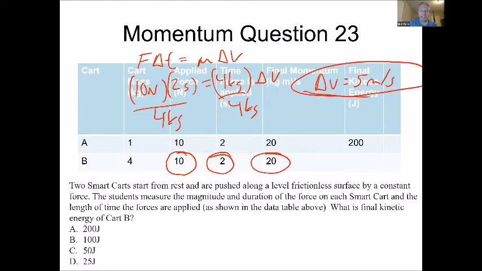Since we started at 0, our final velocity is 5 meters per second. To calculate the kinetic energy at that point, 1/2 m, 4 kilograms, times v squared. 5 squared is 25, times 4 is 100, times 1/2 is 50 joules. So our answer here on this one is C.